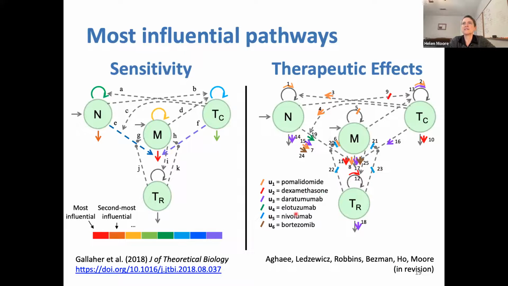So, for example, elotuzumab has a particular mechanism. It's a SLAM F7 inhibitor. And so it affects the efficacy of the NK cells in increasing the loss of the multiple myeloma cells. I guess it's easier to indicate here. So this is a loss.